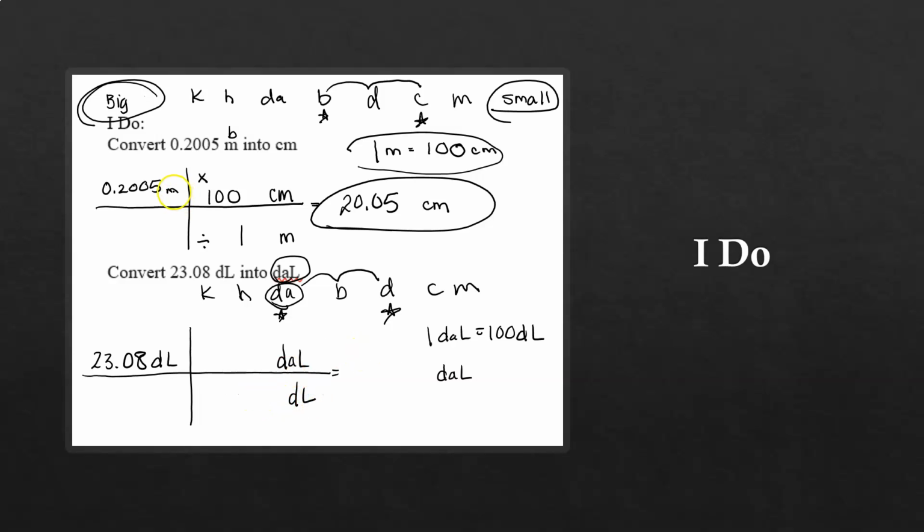And the reason we do that is so that the units we start with cancel out. So deciliter has 100 in front of it. Decaliter has 1 from our conversion ratio. The decaliters cancel out. We multiply by 1, divide by 100, and we end up with 0.2308 deciliters.